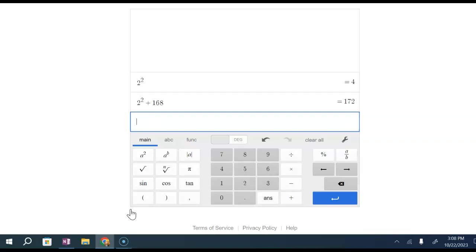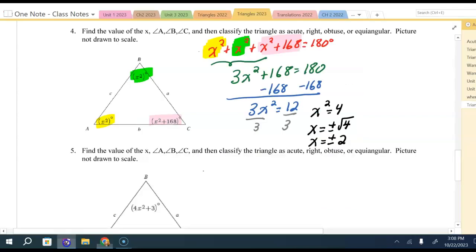And doing that, I get 172 degrees. So when I substitute back in, angle A is 4 degrees, angle B is 4 degrees, and angle C is 2 squared plus 168, which is 172 degrees.